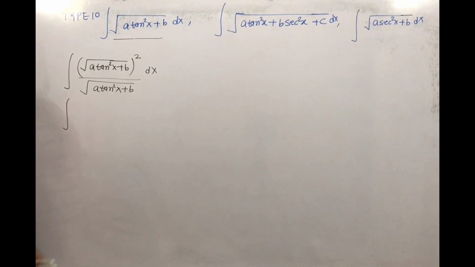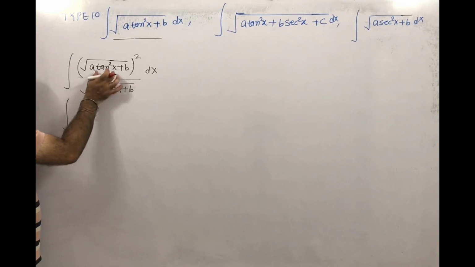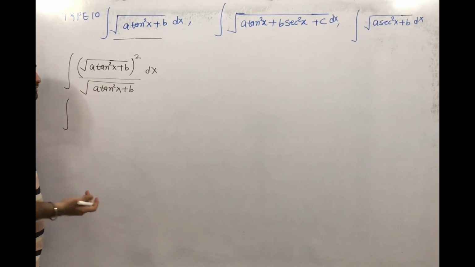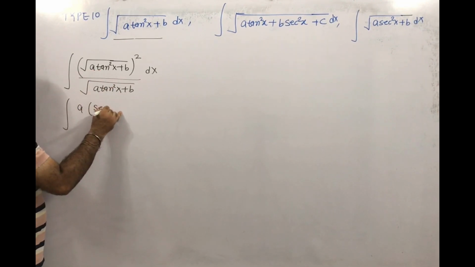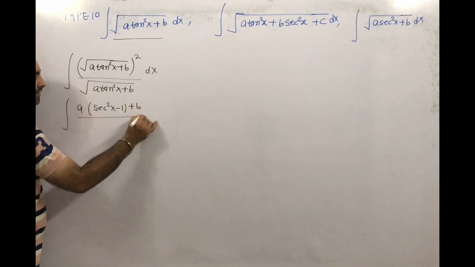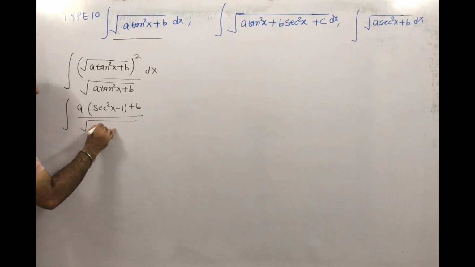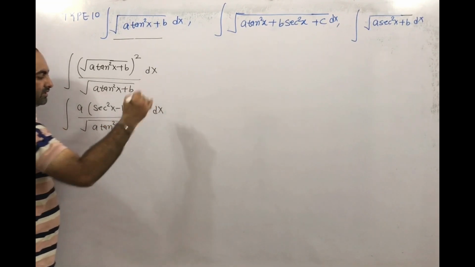Okay, and after that, integration of this one: whole square, so the square root is gone, and this tan square you have to convert in terms of secant square x. So here a tan square x we can write as a secant square x minus 1, plus b, divided by root over a tan square x plus b into dx. This will come.